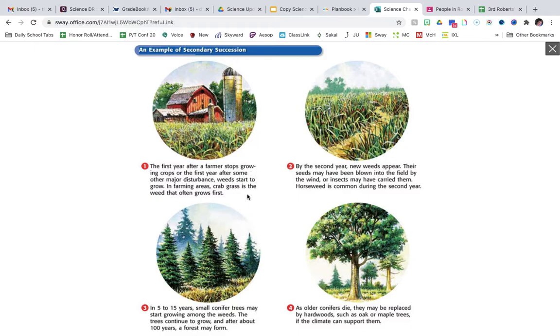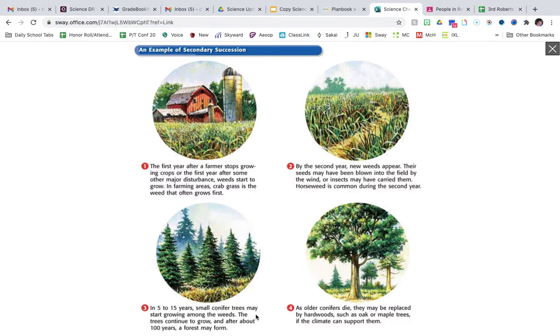In farming areas, crabgrass is the weed that often grows first. And then by the second year, you have new weeds that appear. Their seeds could have been blown into the field by the wind, or insects may have carried them. Horseweed is a common weed that you see during the second year.